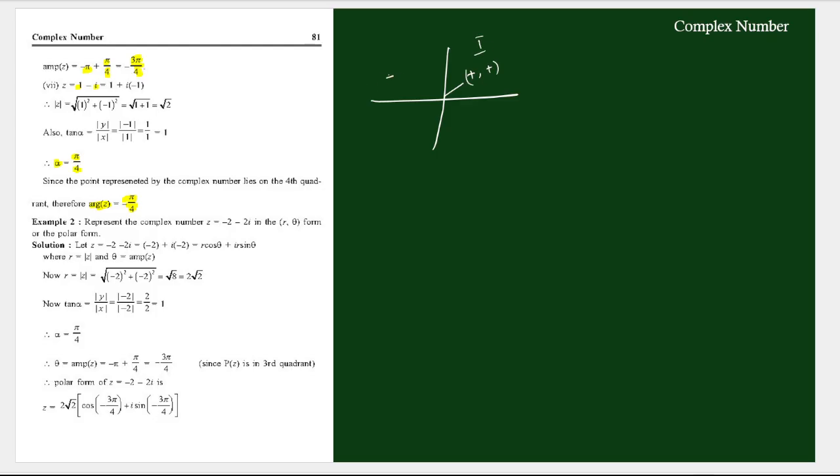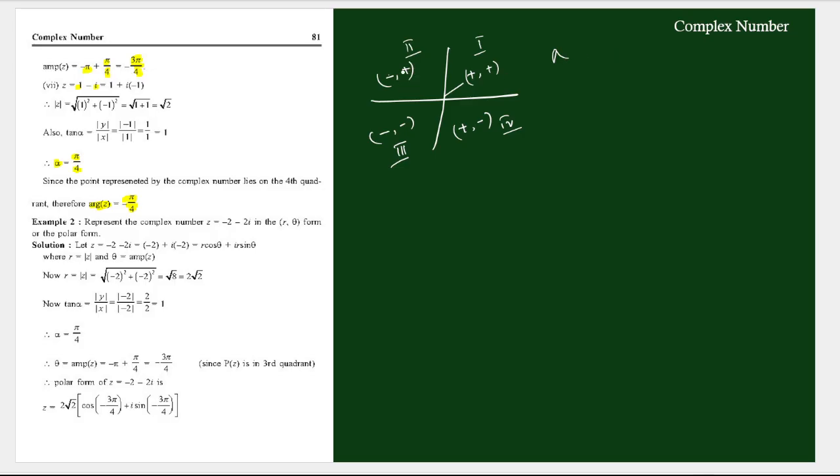If x is negative and y is positive, it will lie in the second quadrant. If x is negative and y is negative, it will lie in the third quadrant. If x is positive but y is negative, meaning the imaginary part is negative, then it will lie in the fourth quadrant.